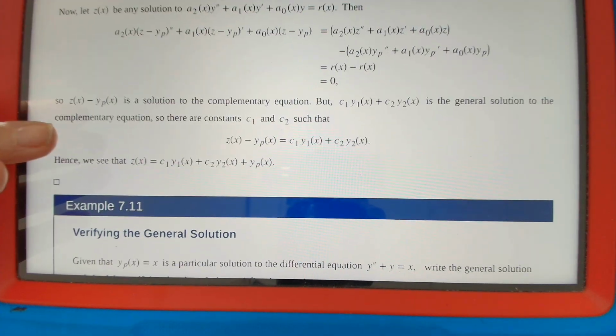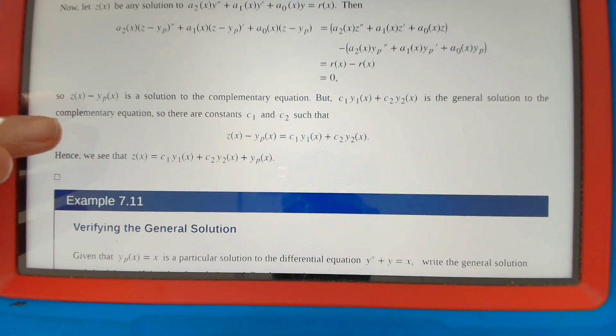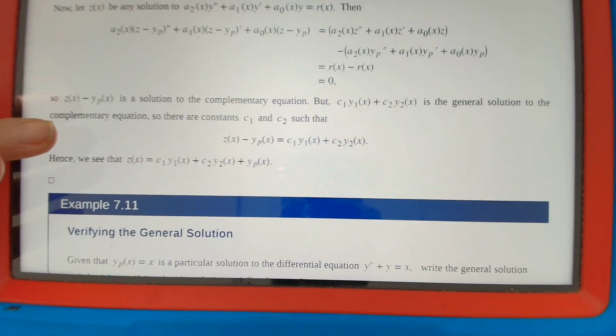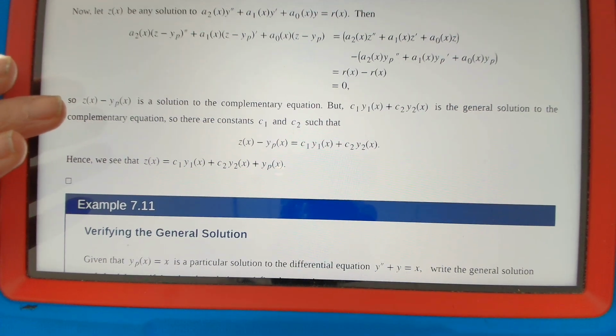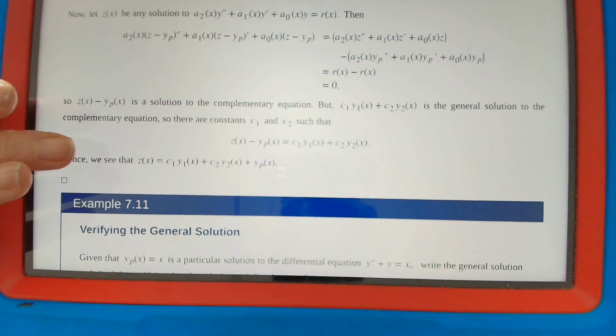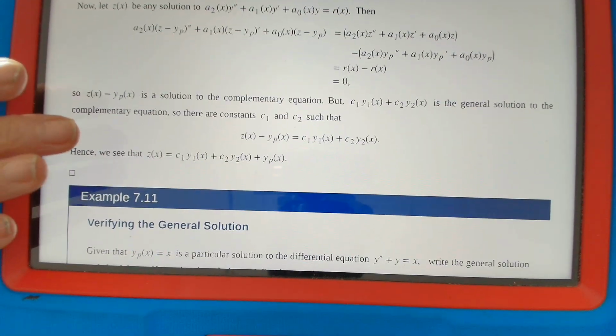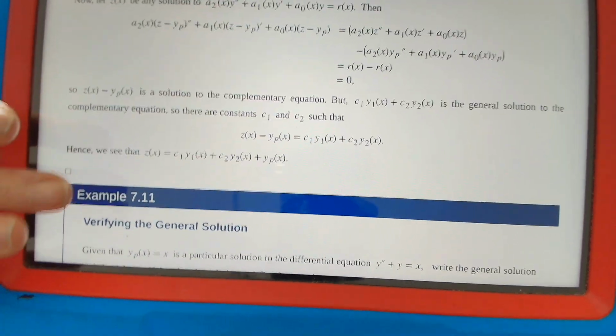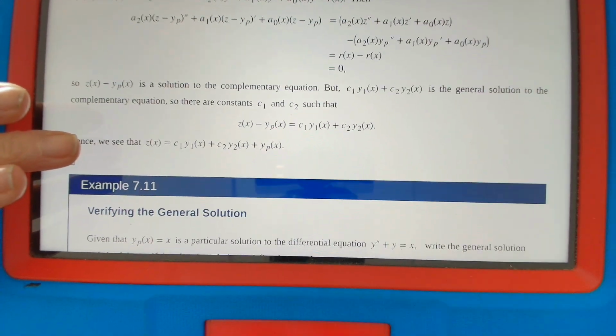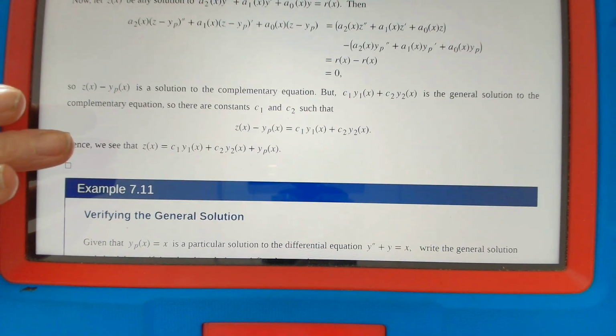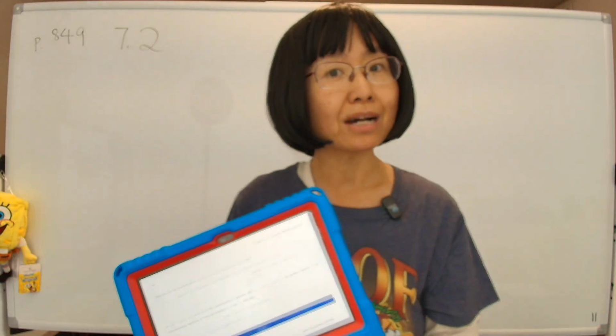That is, you can find some constants to make these two things equal. So all solutions have to look like that. You can rewrite it and see that z of x is equal to c1 y1 plus c2 y2 plus yp of x.